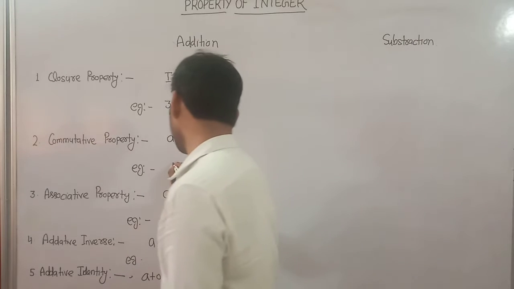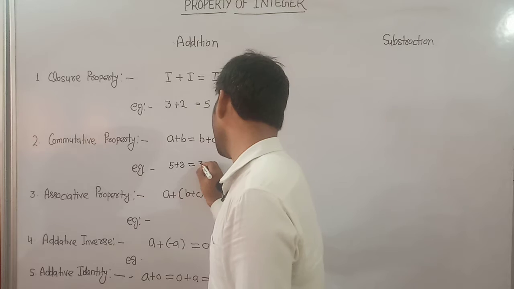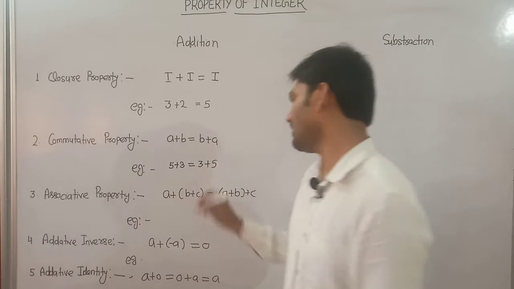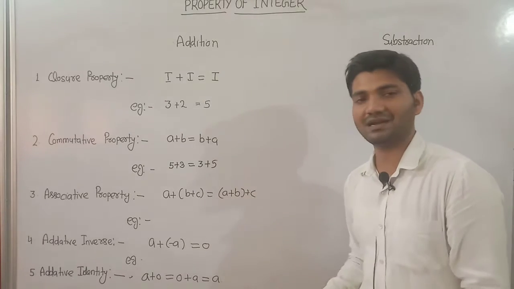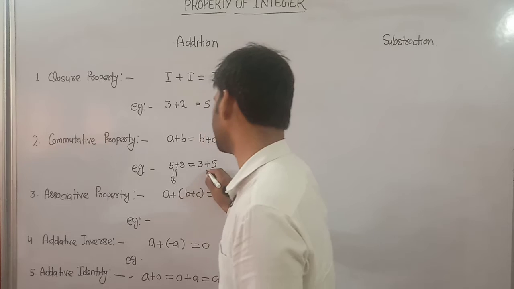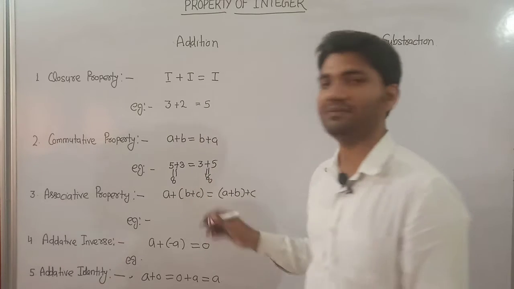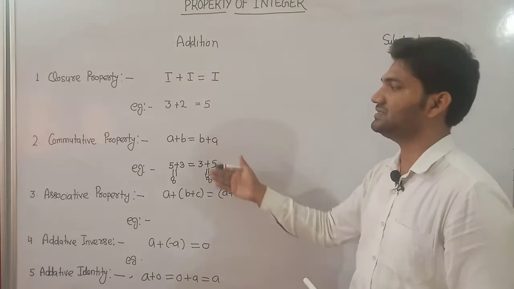Check how it is applicable for any numbers. 3 plus 5, only the order is changed, 5 plus 3 and 3 plus 5, but the result will always be the same in both cases. The result will be 8 in the first case, and in the second case also 8. It means the commutative property is applicable for addition.